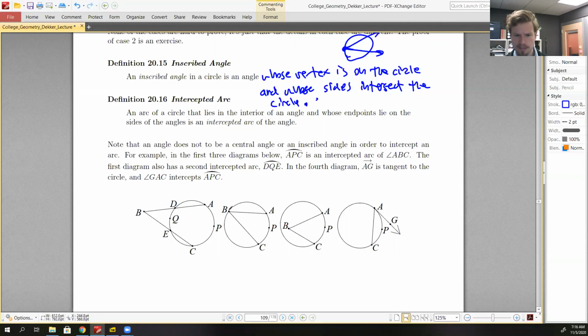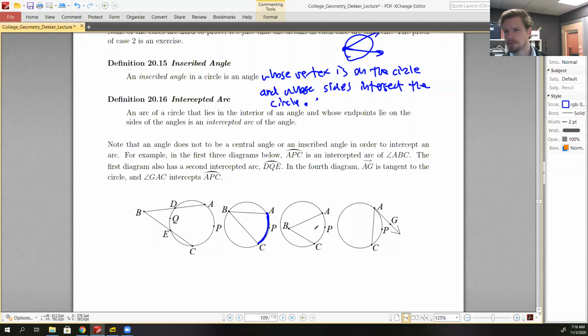Like the B is on the circle, so this angle is an inscribed angle, and the intercepted arc is APC. But we could have different placements of the vertex, and we could have different situations for the sides of the angle as well.